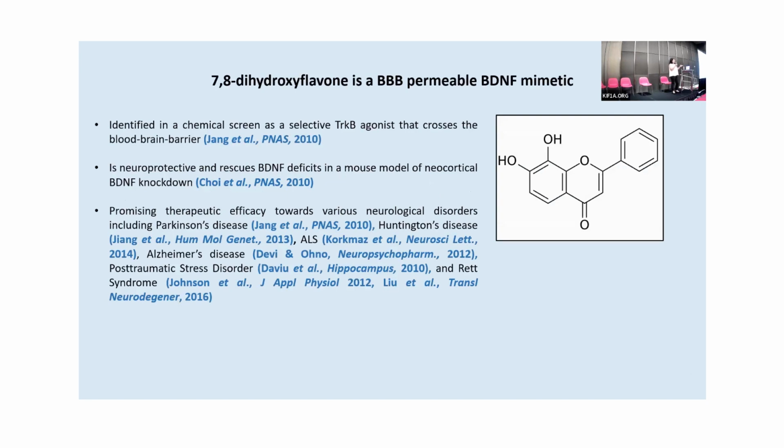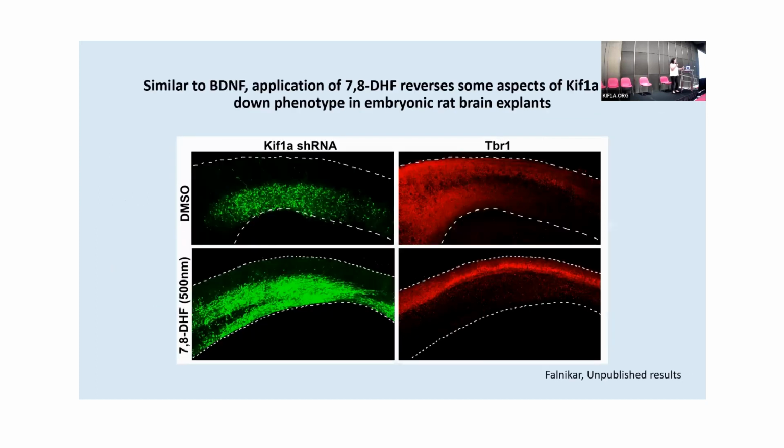However, it is not able to cross the blood-brain barrier, but this compound 7,8-dihydroxyflavone is blood-brain barrier permeable upon oral or intraperitoneal injection. So it acts like a mimic of BDNF. And importantly, it is also able to restore the normal development of neighboring cells, which do have KIF1A, in our experimental KIF1A deficient rat brain slices.